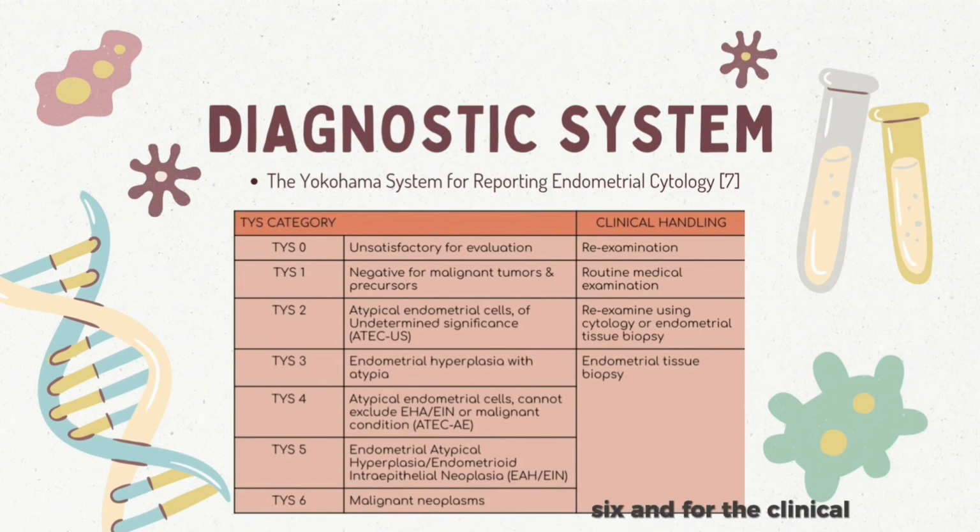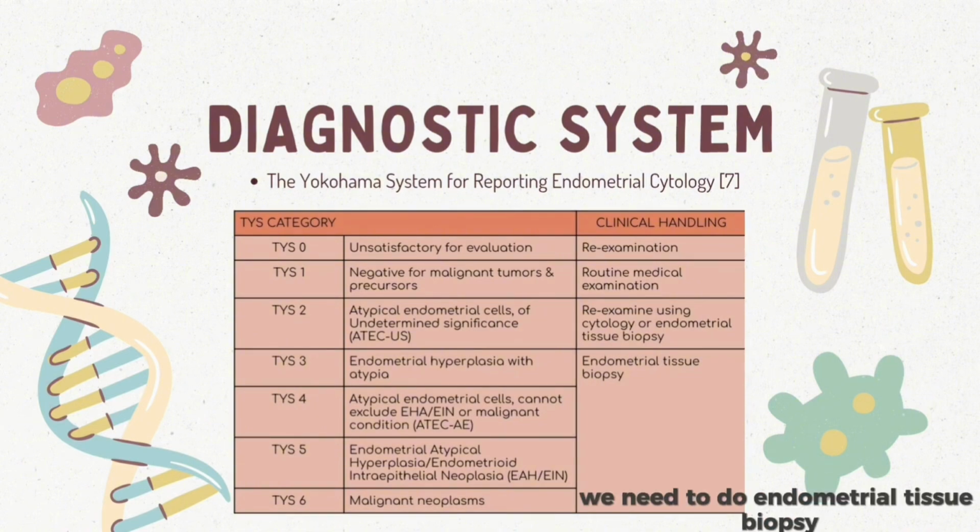For the clinical handling, it includes re-examination, routine medical examination, re-examination using cytology or endometrial tissue biopsy, and also for TYS3 until TYS6, we need to do endometrial tissue biopsy.